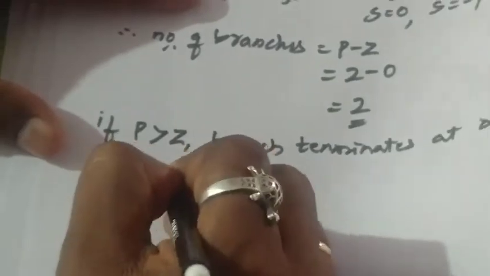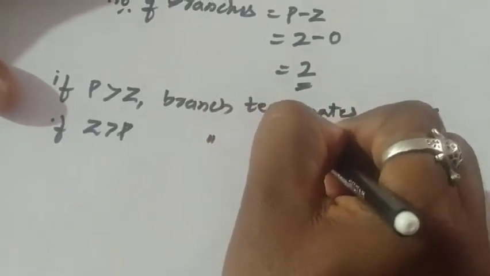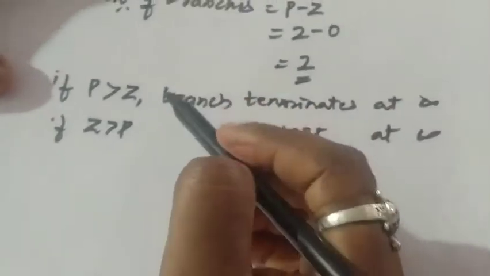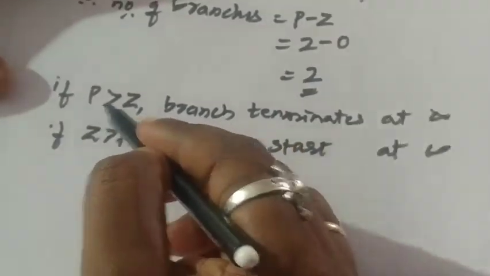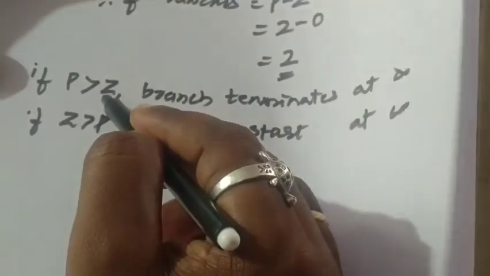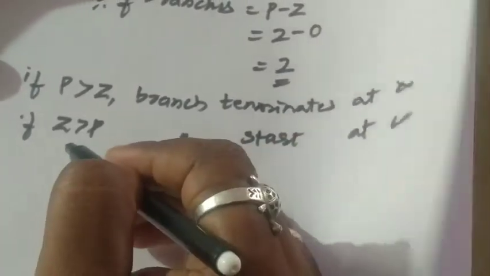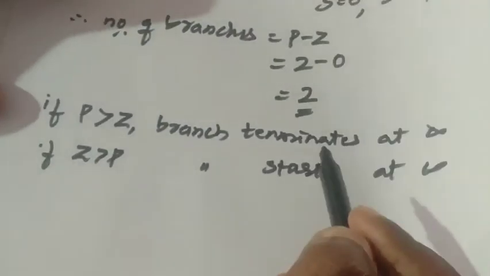If zeros are greater than poles, the branch starts at infinity. These two conditions you have to keep in mind while counting the number of branches. If poles are greater than zeros, the branch terminates at infinity. If zeros are greater than P, the branch starts at infinity.